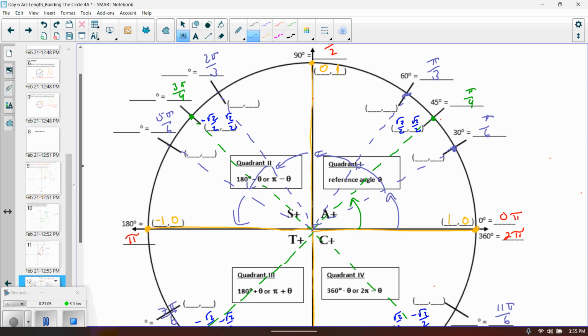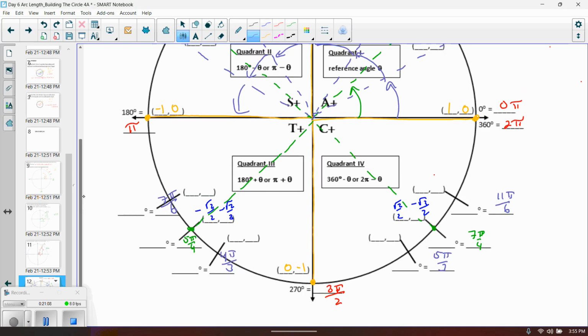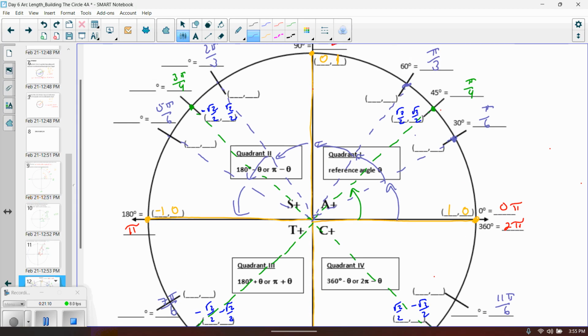That was an x distance of the square root of 3 over 2 and a y distance of 1/2. And if you remember, the 30 and the 60 are the same ordered pairs, just x and y's are flipped, which makes this one 1/2 and then the square root of 3 over 2.